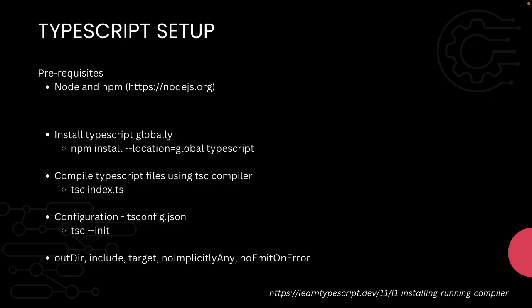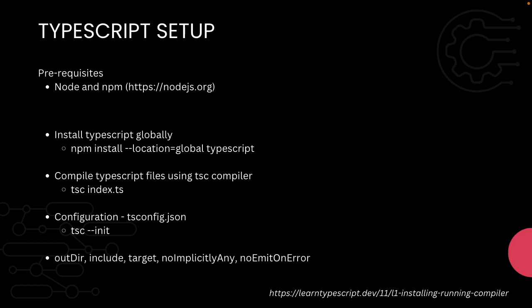And the configuration: if you want your TypeScript compiler to behave in a certain way, there are multiple options that you can give to it, usually in tsconfig.json. This is the file where we'll usually have all those things. For example, these are some of the very basic and popular ones that we usually have in our project. For example, outDir, which stands for out directory.